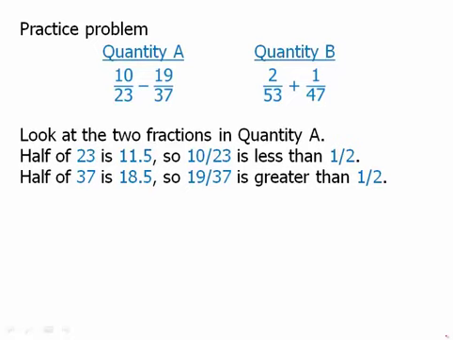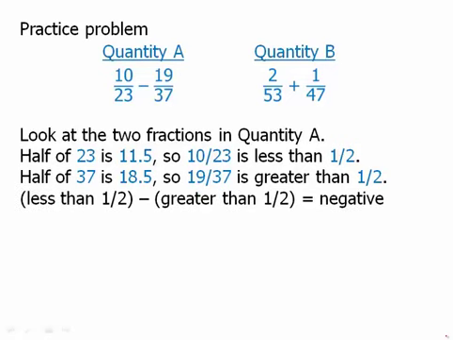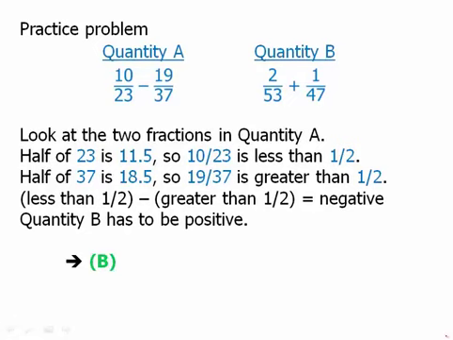So what I have in quantity A is something less than 1/2 minus something greater than 1/2. Well, less than 1/2 minus greater than 1/2, that has to be something negative. Quantity A has to be negative. Now, quantity B would be particularly ugly to calculate, but it's positive plus positive. Quantity B has to be positive. Any positive is greater than any negative. And so the answer has to be B. So notice that I completely avoided doing a long, complicated calculation. All we have to do is the comparison.